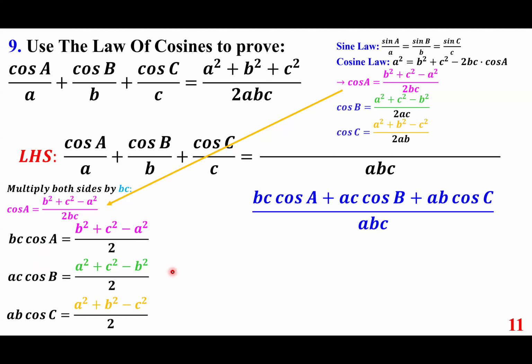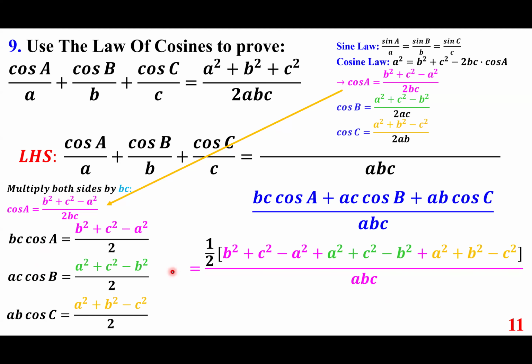So let's do that. When we replace them, I'm going to factor the 1/2 out. Each one on the right side has a factor of 1 over 2, everybody. So I'm going to take the 1/2 out. 1/2 times this plus this plus this.